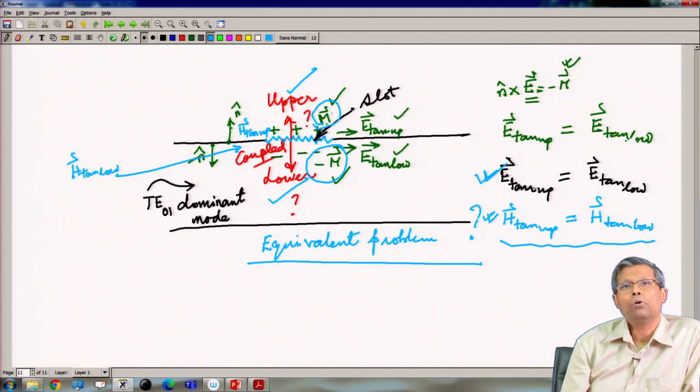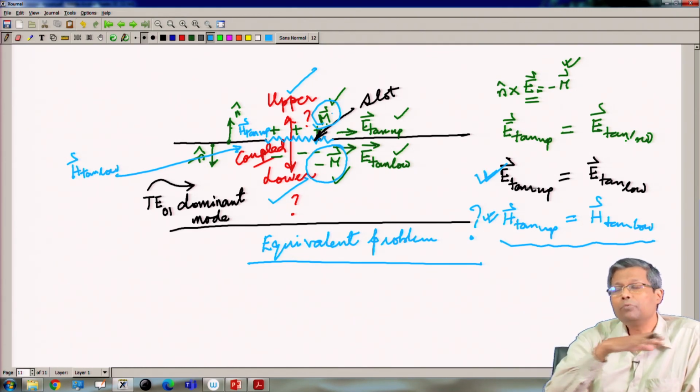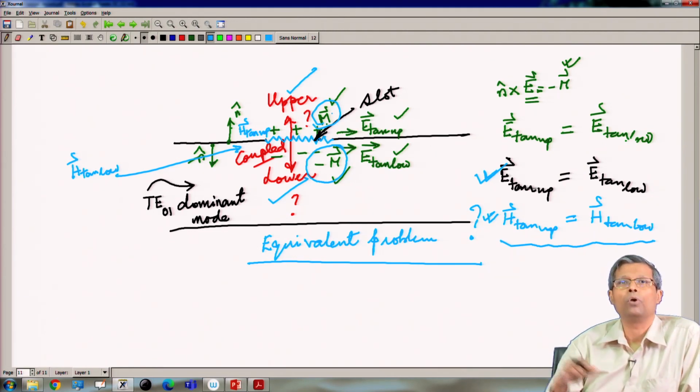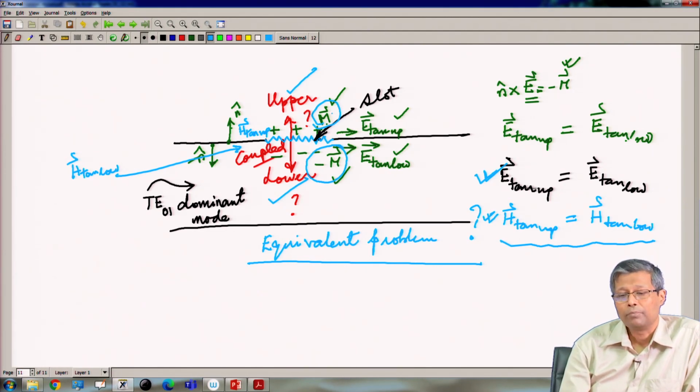This is also called the half space problem, where the magnetic current resides on an infinite ground plane, which is the broad wall of the waveguide, and radiates in free space.